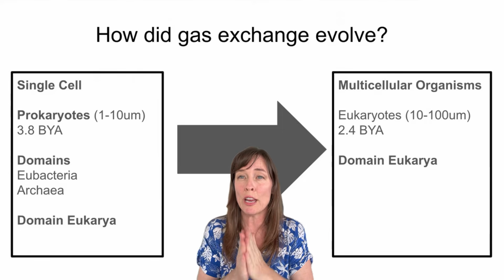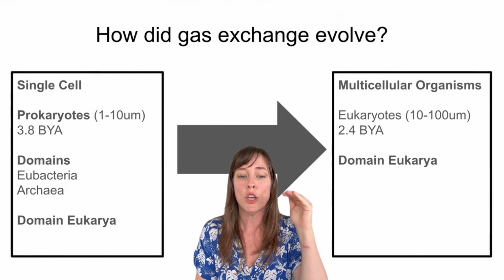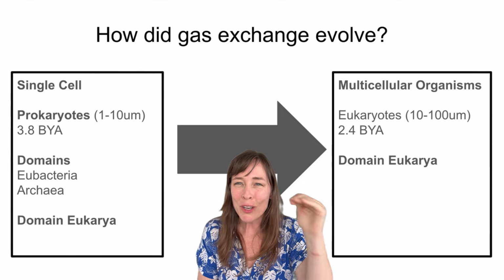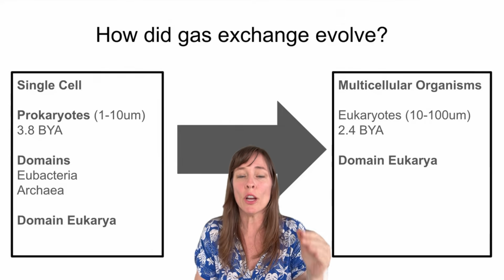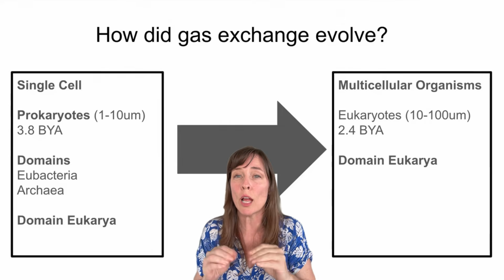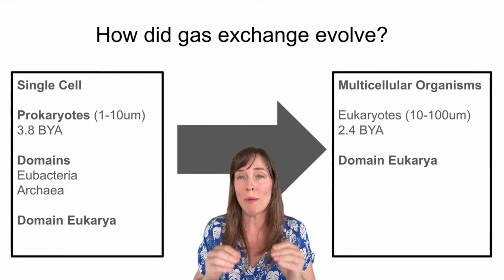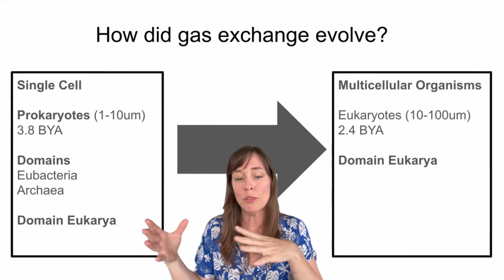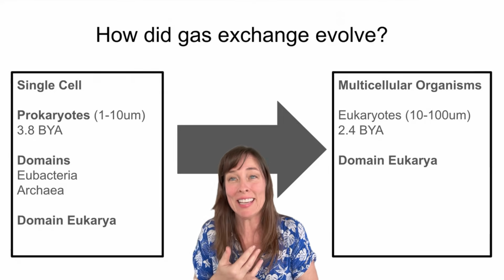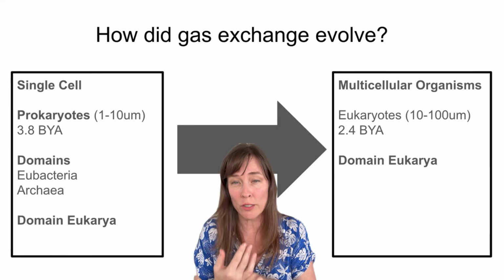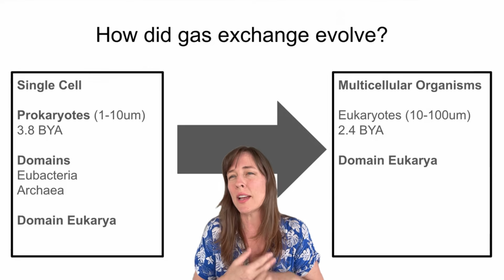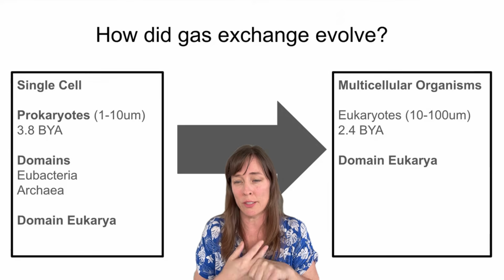There are two major domains that they exist in, eubacteria and archaeobacteria. There are also some single-celled organisms in the domain eukaryote that evolved later that include the yeast in fungus. There's a single cell called yeast, as well as a number of protists such as amoeba.